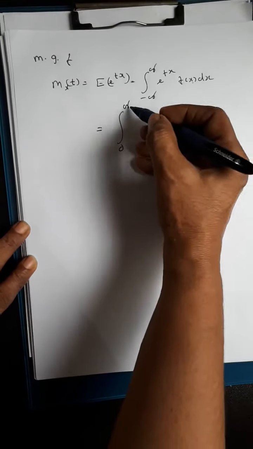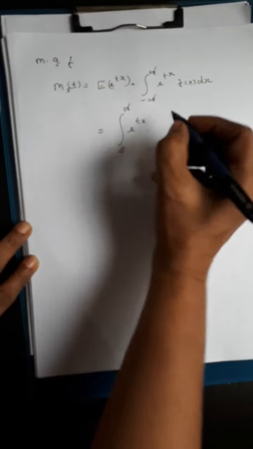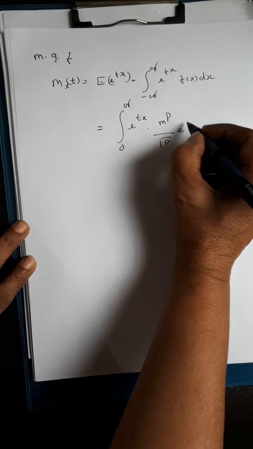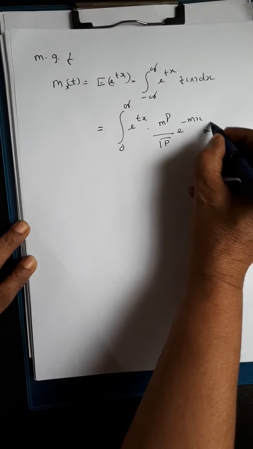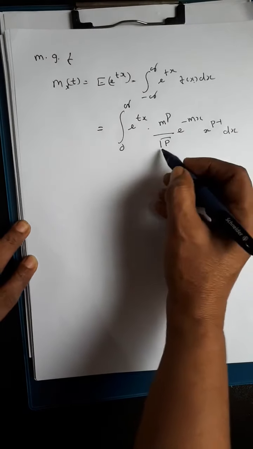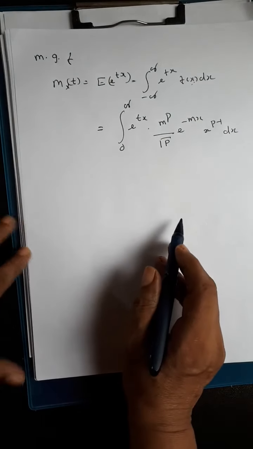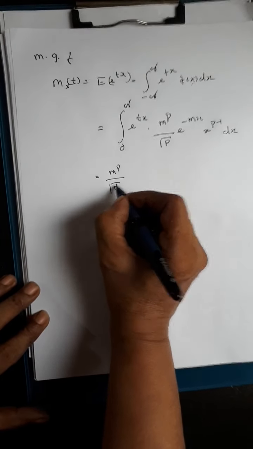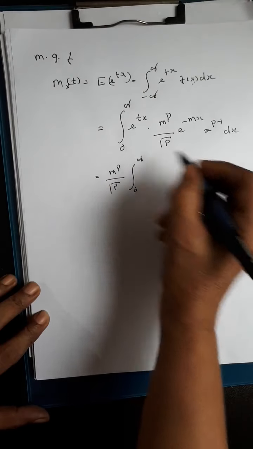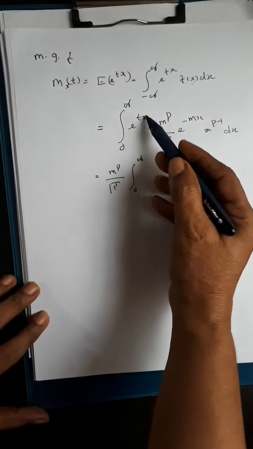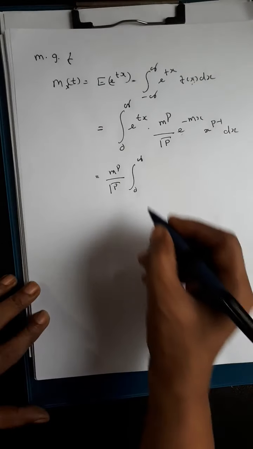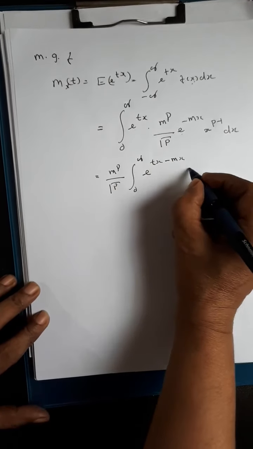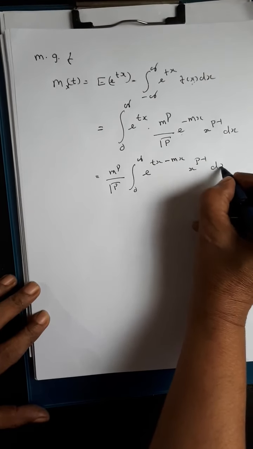Since the range is from 0 to infinity, e raised to tx into m raised to p divided by gamma p, e raised to minus mx, x raised to p minus 1 dx, since this is the f of x of a gamma distribution. Take m raised to p by gamma p outside being constant, integral 0 to infinity. Combine e raised to tx and e raised to minus mx together. We have e raised to tx minus mx, x raised to p minus 1 dx.